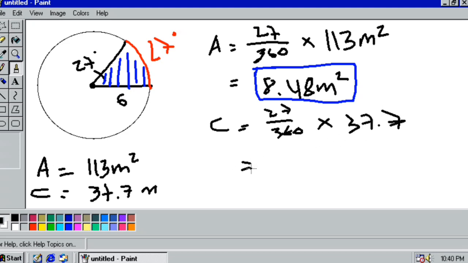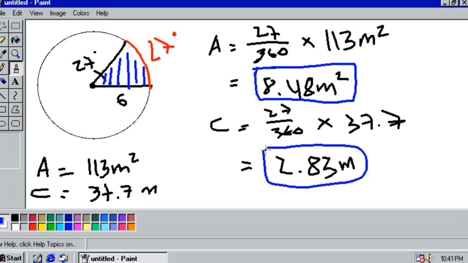When we plug it in a calculator, it will come out as 2.83 meters. So that is the length of the arc.